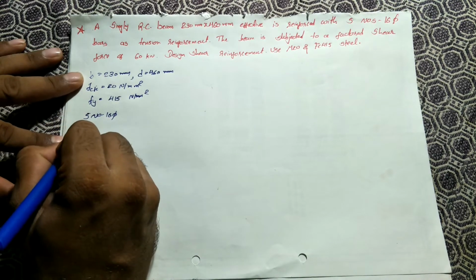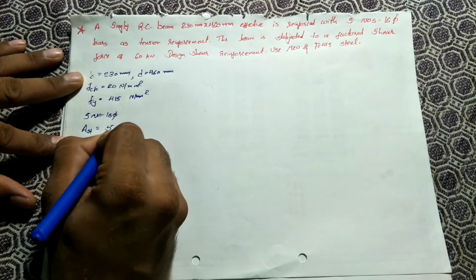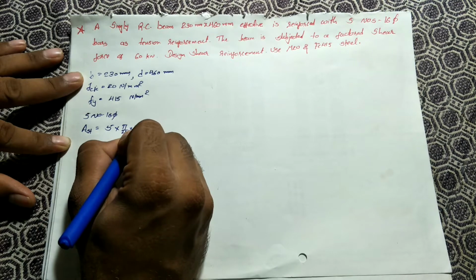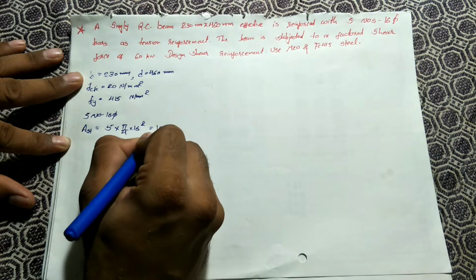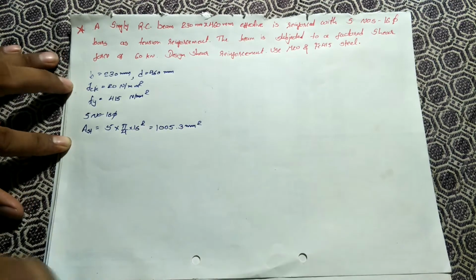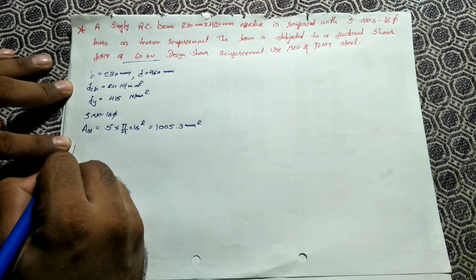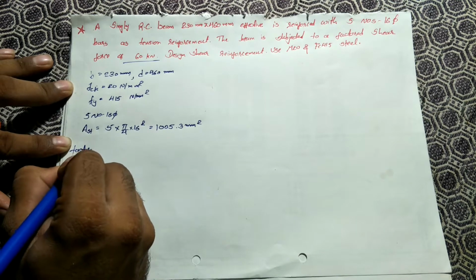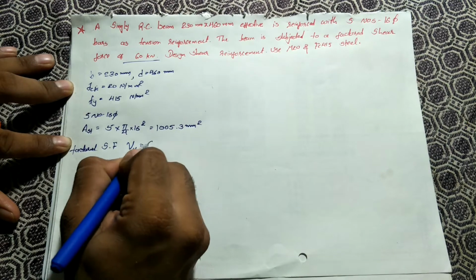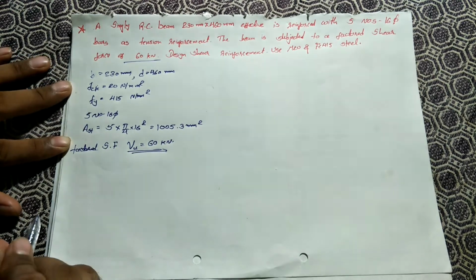So area of tension reinforcement is 5 times pi by 4 times 16 square, that is 1005.3 mm square. Also given is the factored shear force, that is Vu equals 60 kilonewton.